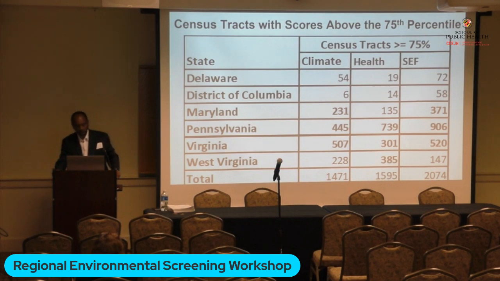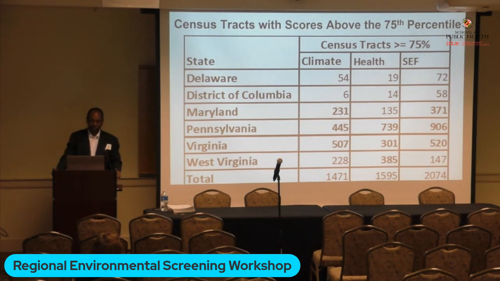I also tried to see, from the climate, health, and socioeconomic domains, how many are scoring greater than the 75th percentile. In Delaware, 54, 19, and 72. District of Columbia, 6, 14, 58. Maryland, 231, 135, and 371.